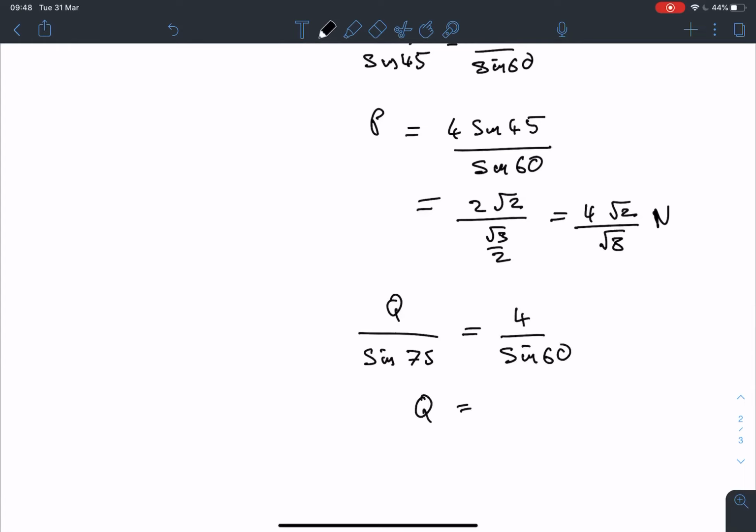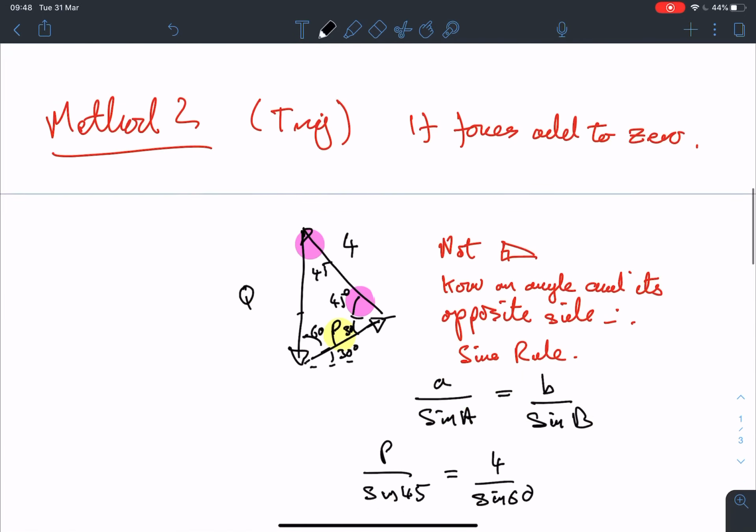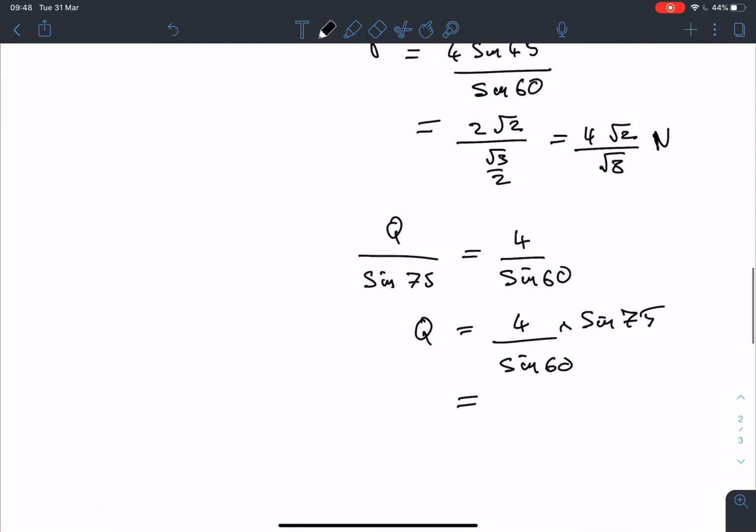So Q equals 4 over sine 60 times sine of 75, and tap that in the calculator, and hopefully, if we've got it right, you'll get the same value, roughly 4.5 as we got last time. Okay, but just check. And that is the end of example 1.